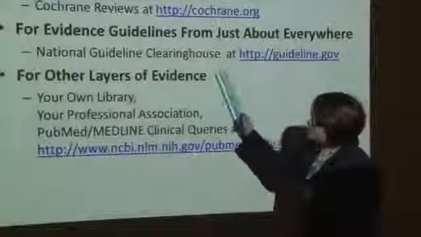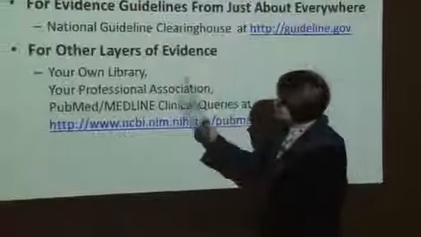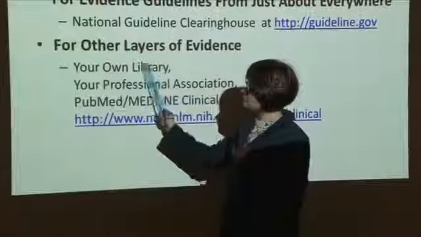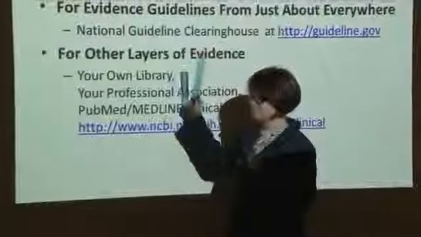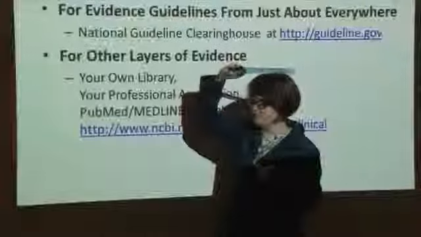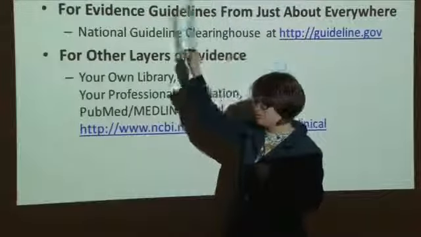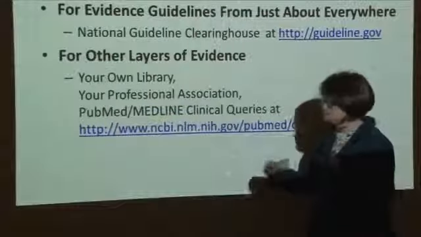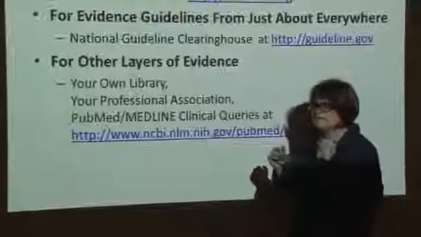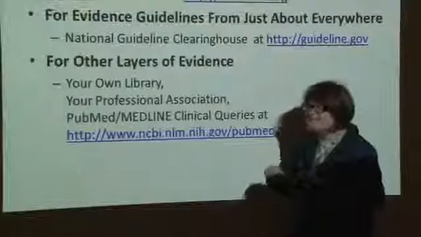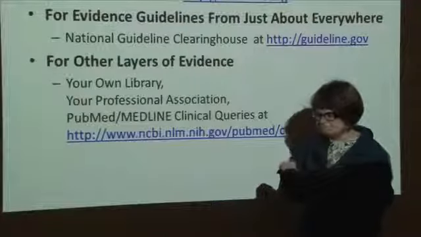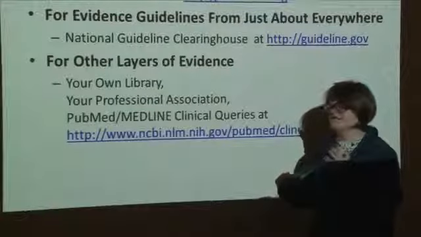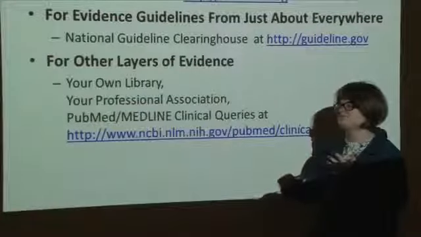And now, for other layers of evidence, know that you can go to your own library. By the way, your library may have a subscription to the Cochrane systematic reviews so that you can look at them full text. Your professional association, places like the Academy of Nutrition and Dietetics and the American Physical Therapy Association, they both offer some great evidence-based practice resources.